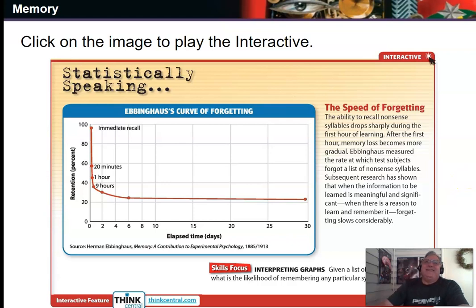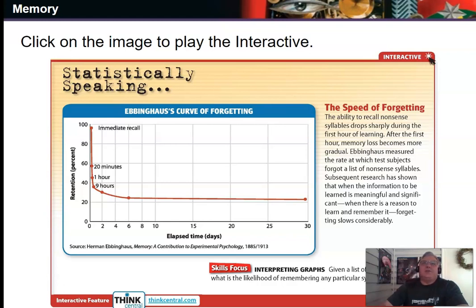Anyway, the ability to recall nonsense syllables drops sharply during the first hour of learning. After the first hour, memory loss becomes more gradual. Ebbinghaus measured the rate at which test subjects forgot a list of nonsense syllables.